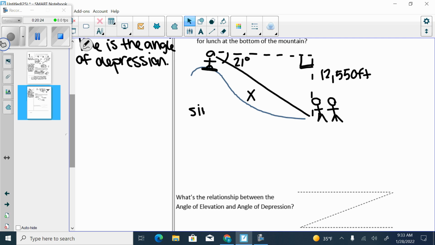So we got sine of our angle equals opposite over hypotenuse. Okay, so what would my first step be in solving here? Multiply by x, good. Alright, and then how am I going to get x by itself?